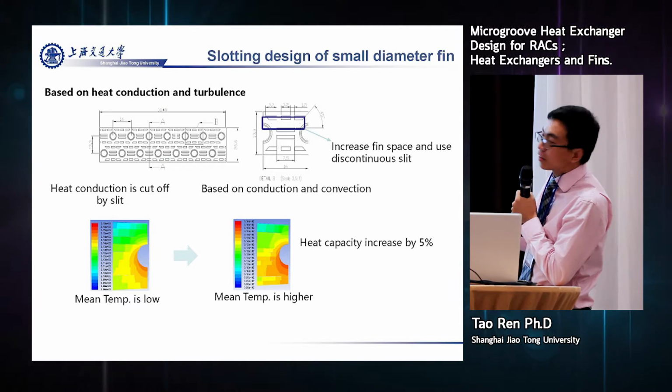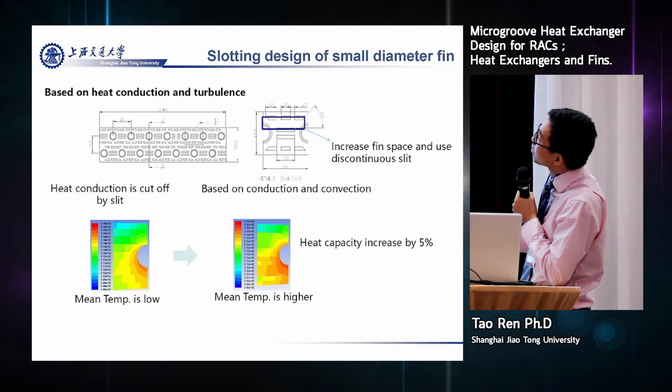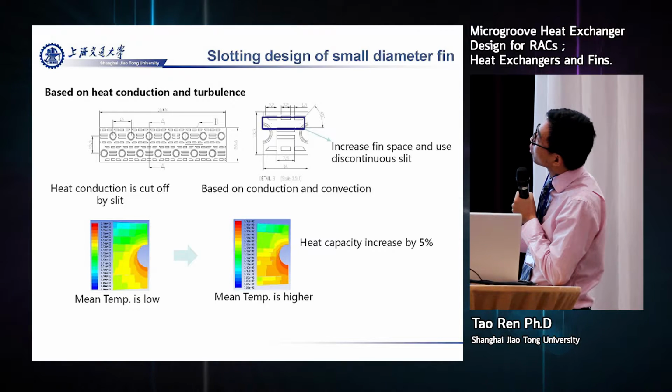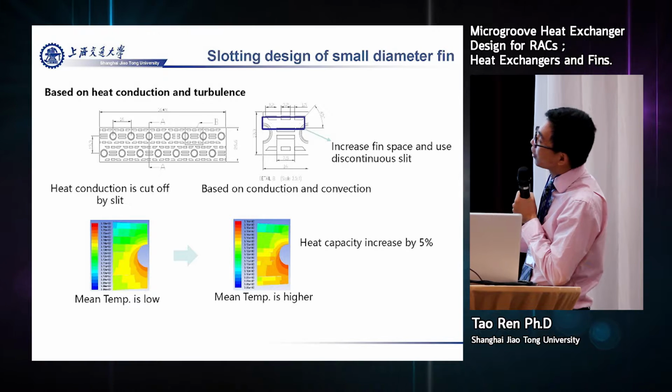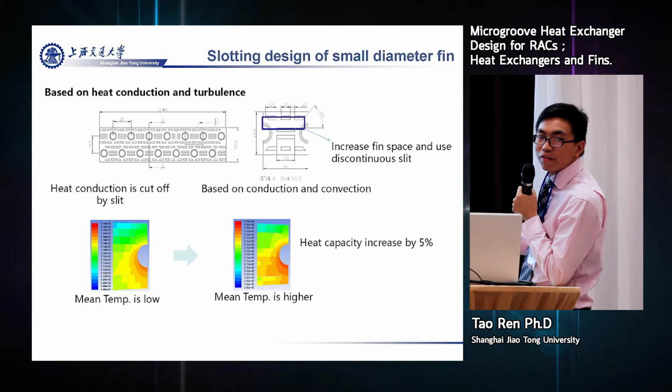But when we go to the 5, you can see that the 5 is relatively small and PL is large. If you want to transfer the heat from here to these areas, if you have a slit, it will become very difficult.